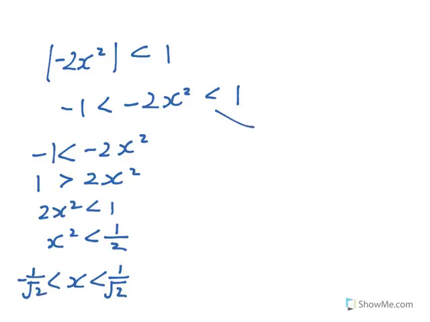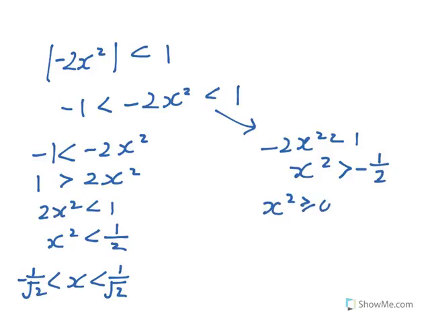Now for the other side, -2x² < 1. Dividing both sides by -2, we have x² > -1/2. This does not really make sense, because x² is already greater than or equal to 0 for all x, so it does not restrict the solution.